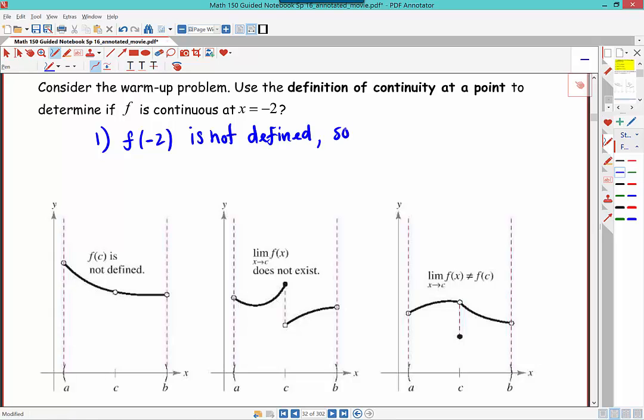So f is not continuous at x equal to -2. So it fails condition 1.